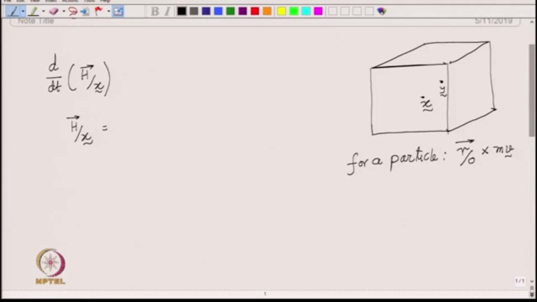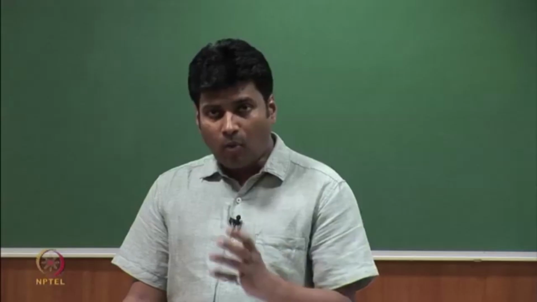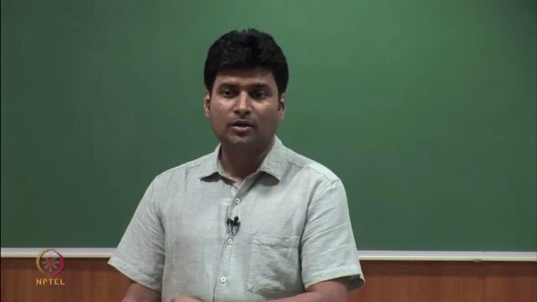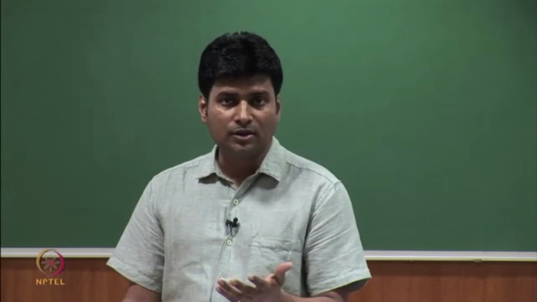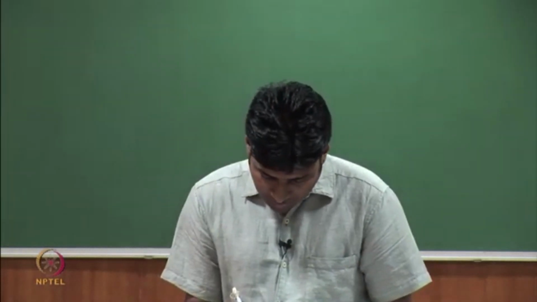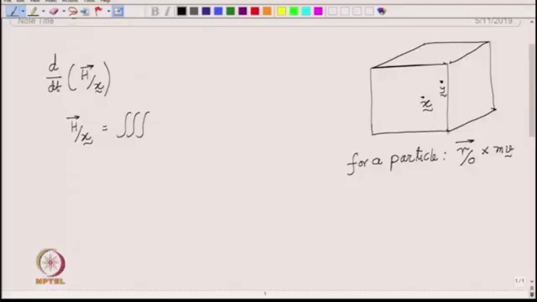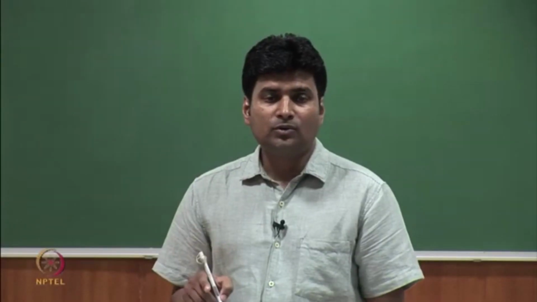Now, in this cuboid, which was a part of the body, it has got several small particles. So, we have to sum over all the particles. It has infinite particles, so we have to have a triple integration. Then we have the position vector of point y relative to x, that is y minus x, cross product the momentum of the particle at y, and that momentum has to be measured relative to the center of mass.